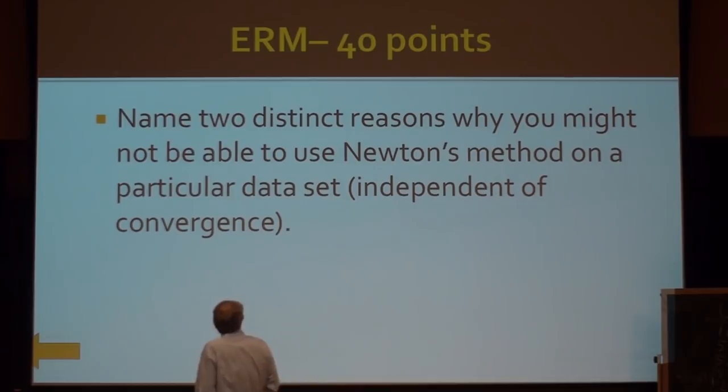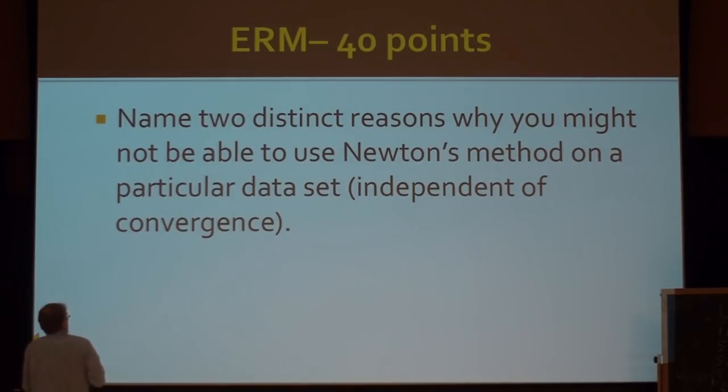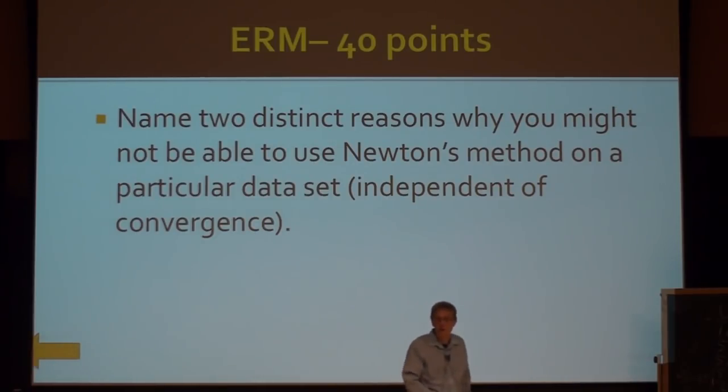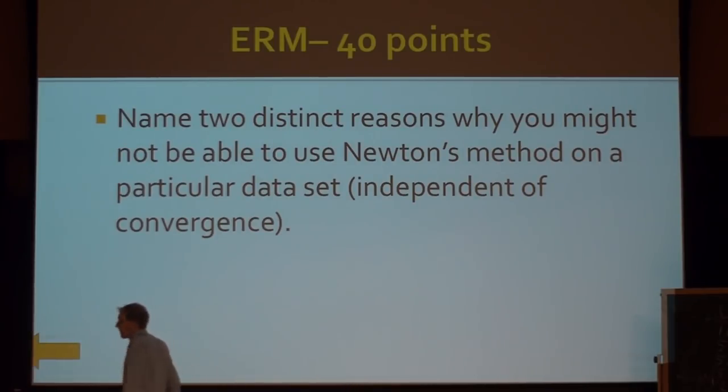Name 2 distinct reasons why you might not be able to use Newton's method on a particular data set, independent of convergence. So I'm taking away the one that may not converge. Give me 2 reasons why you may not be able to use Newton's method. Only grad students.